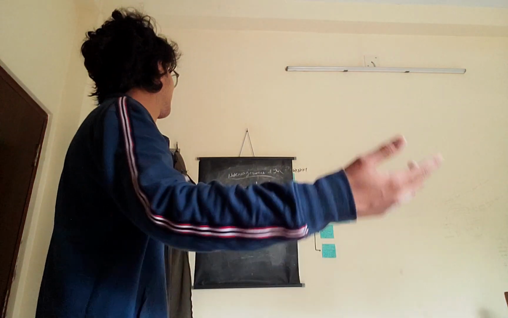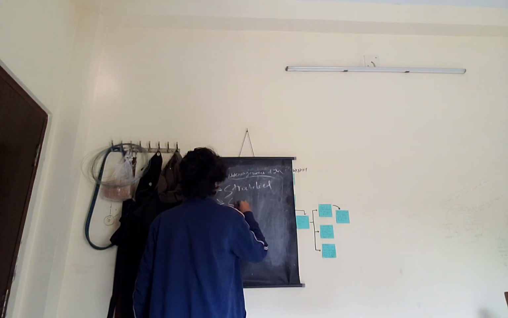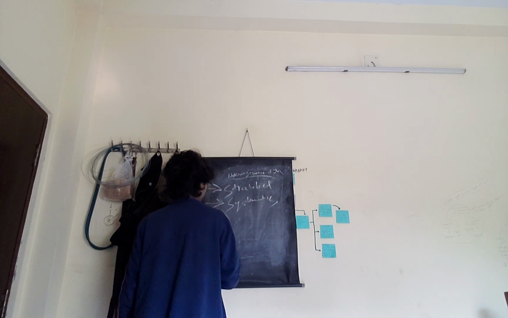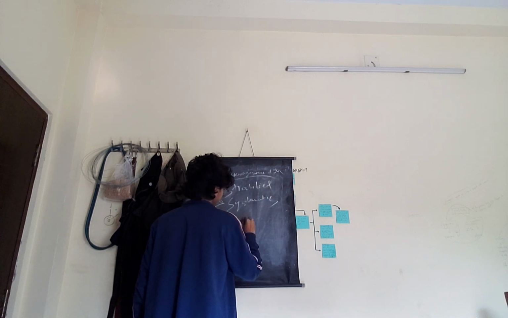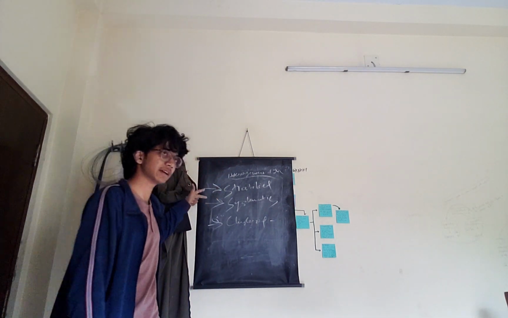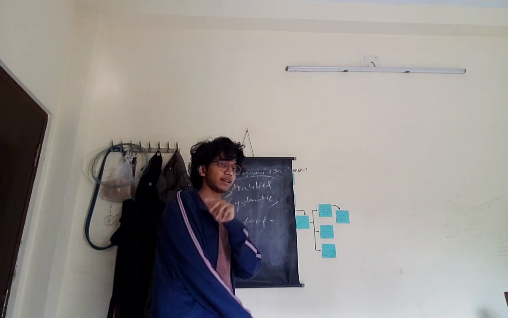Systematic. Why do I keep forgetting this one? Systematic. And the third one is cluster, also called multi-stage. So basically, there is the stratified data, there is the systematic data, and the third and the last is the cluster data.